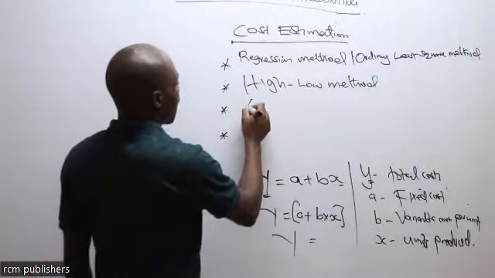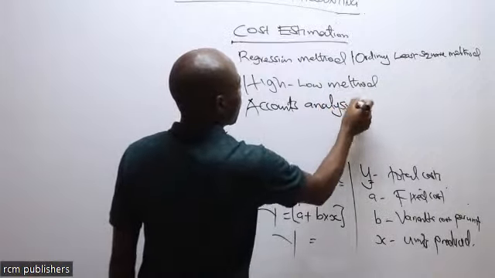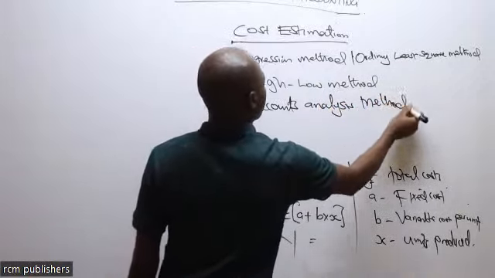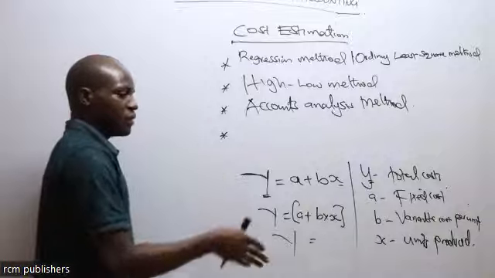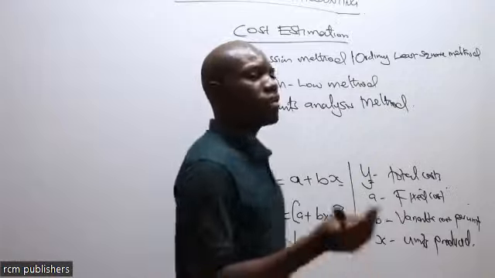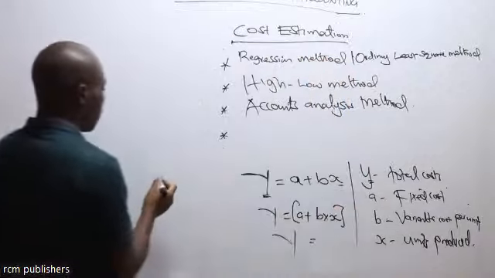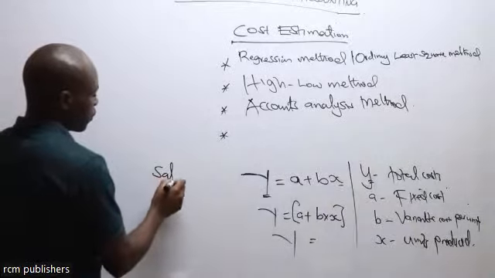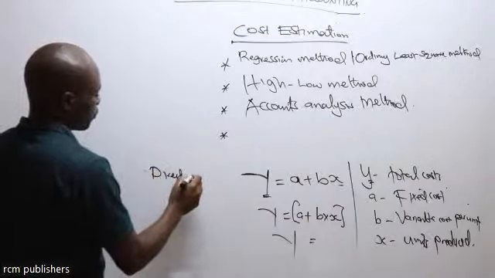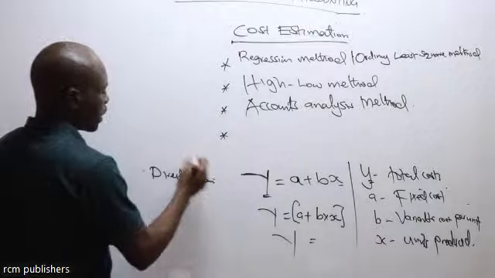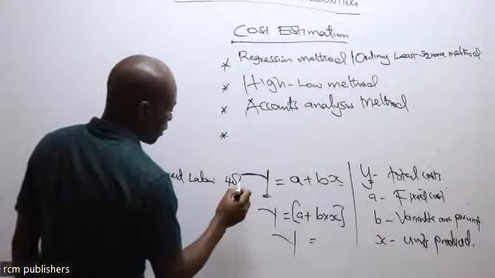We are going to use what we call the accounts analysis method. For the accounts analysis method, remember, they are going to classify these costs into variable and fixed. Of course, they will not give you directly. They will tell you that we have, for example, salaries or direct labor expense, and that it is 40% variable.